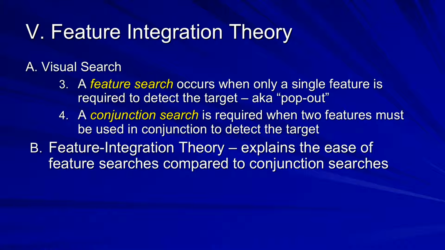So what feature integration theory explains is the ease of feature searches compared to conjunction searches. So it's pretty easy for us to find something in our environment when it pops right out at us. It's much harder when we have to combine visual elements in order to recognize something or to identify it and locate it.